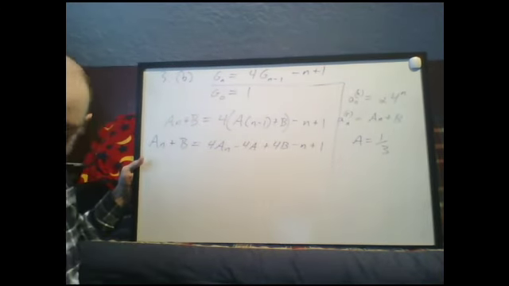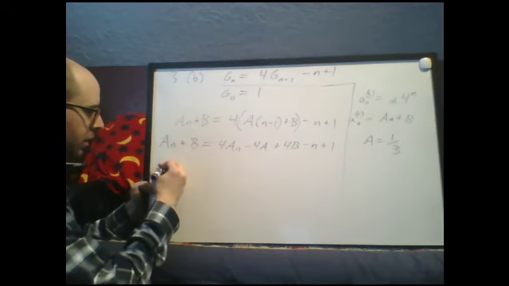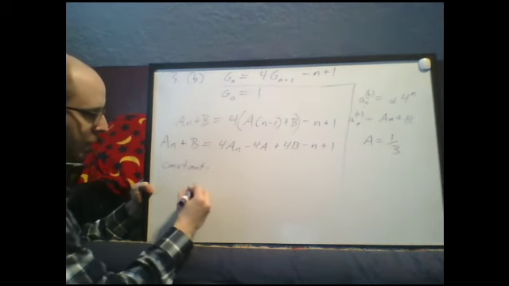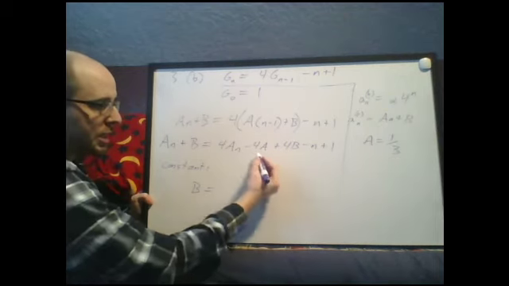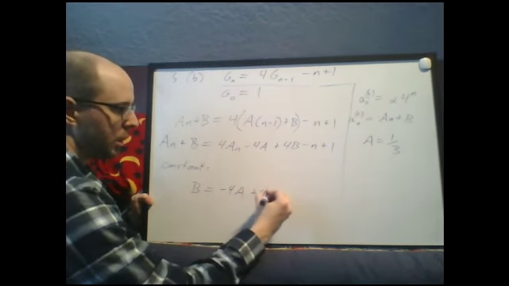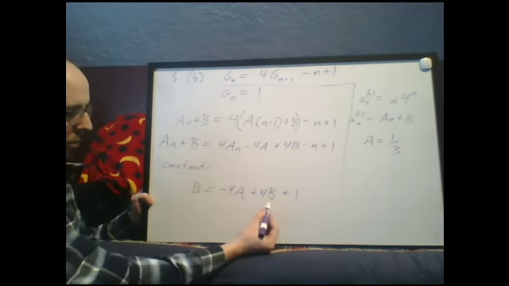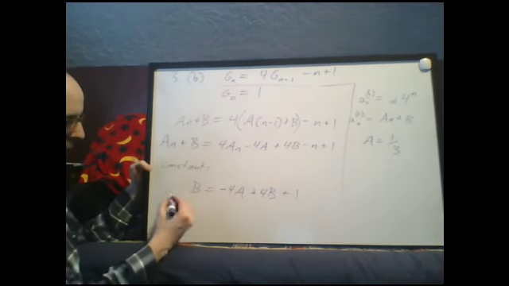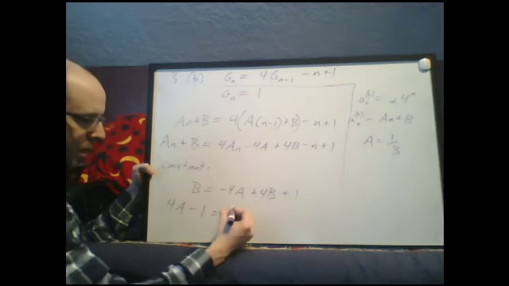To find b, I look at the constant coefficient, so the constant term. Well, on the left side, I've got b. On the right side, the parts that don't have any n's, I've got negative 4a plus 4b plus 1. Let's subtract. Let me get the a's to this side. 4a minus 1 equals 4b minus b is 3b.